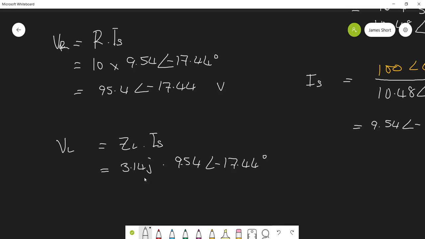Now remember, j denotes a phase shift of 90 degrees. So you can convert this using your calculator if you like, but it's quite straightforward to just convert that to polar. So it's 3.14 at a 90 degree phase shift, and we're multiplying that by 9.54 at minus 17.44.